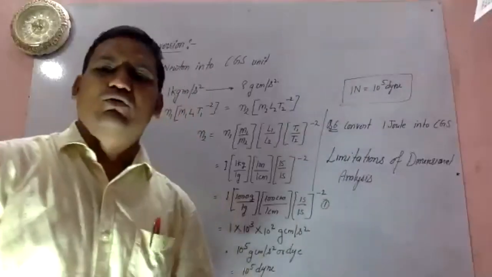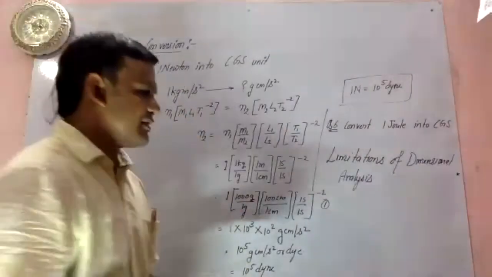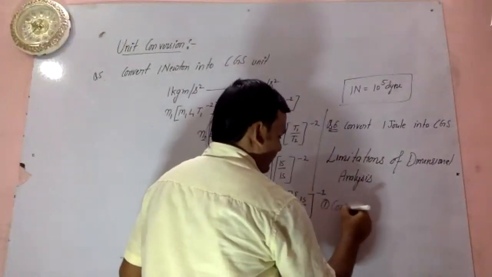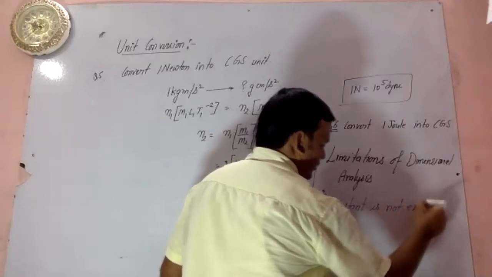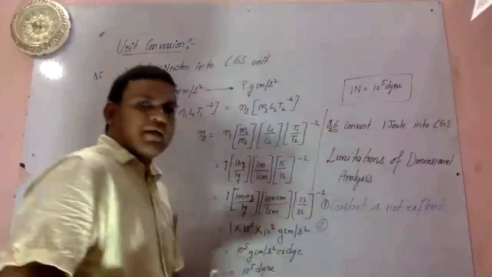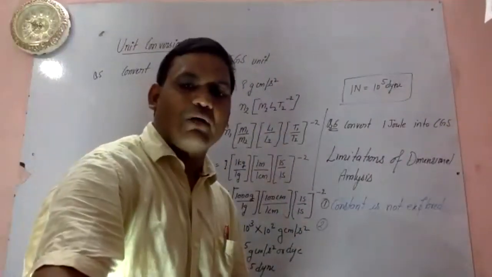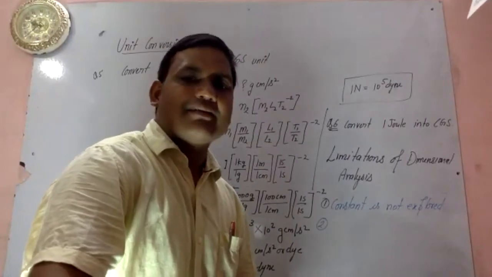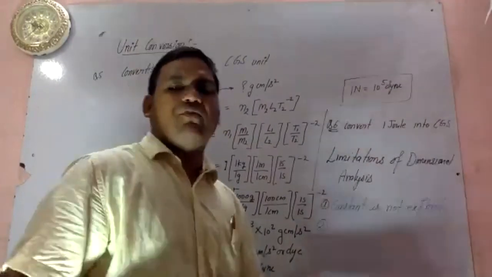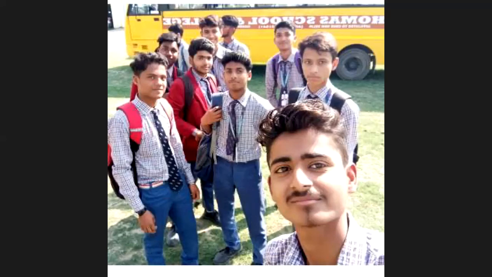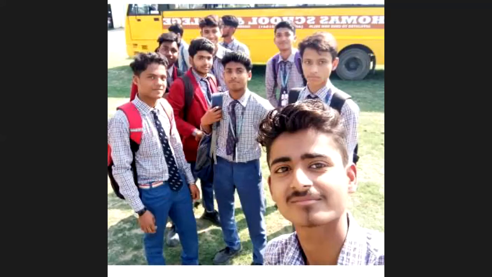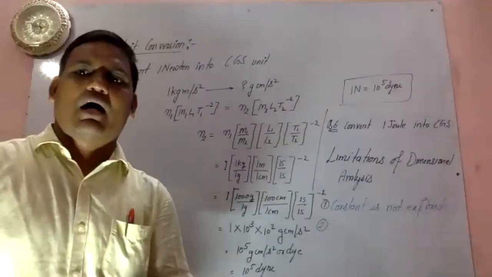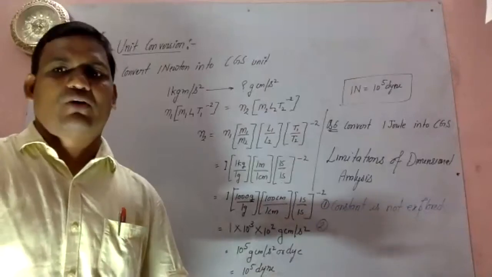We don't know about the constant, meaning the constant is not known. Sine theta has no dimension. And the second thing you can say, in case of trigonometric ratios, and m square and t square, for a square term you can't derive the dimensional formula. If there is a power integer, then you can't derive the formula for that.